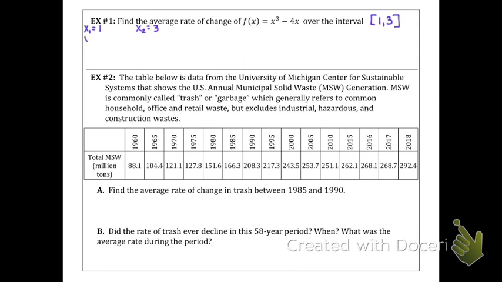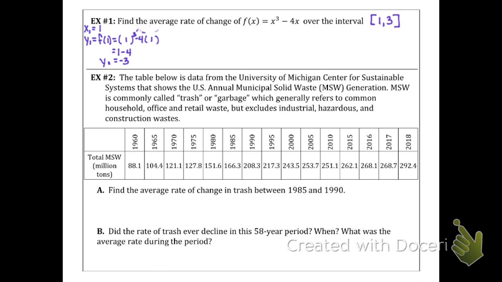But I need to go find my y1, and so in order to find y1, we can just plug x1 into our equation. So we're looking for f of 1, which my equation was x cubed minus 4x. So I'll plug in that 1, and I'm going to solve it. And so I know that y1 is negative 3.